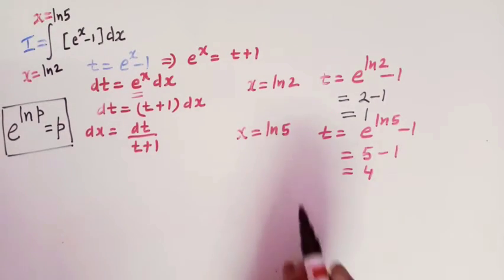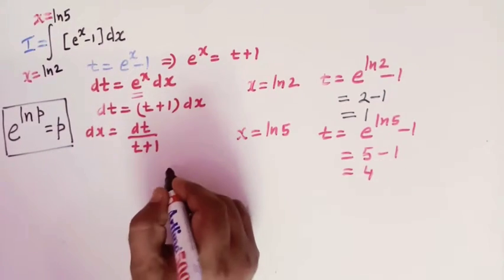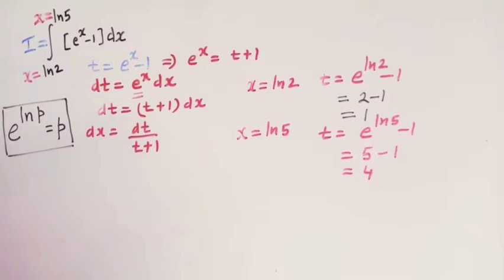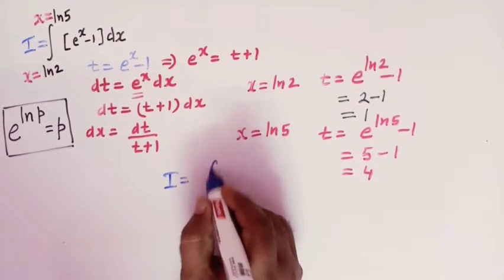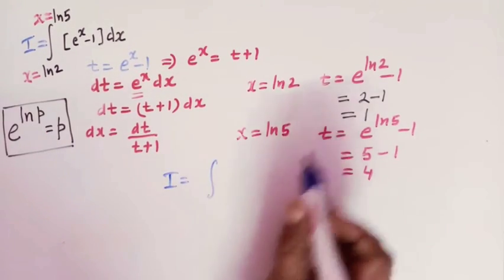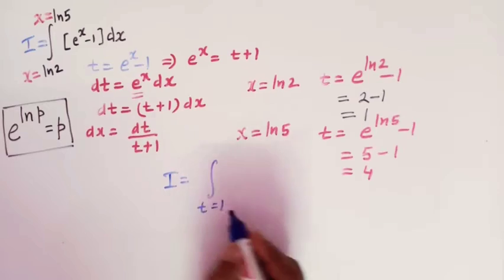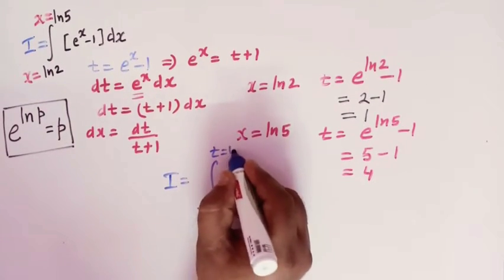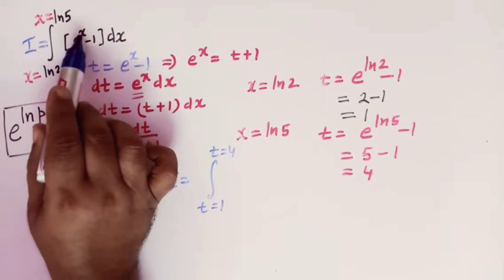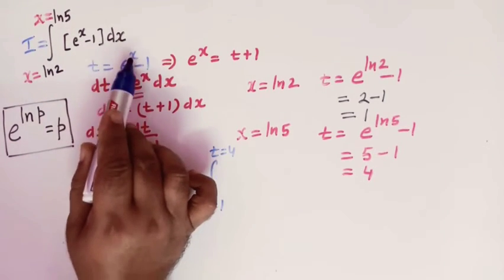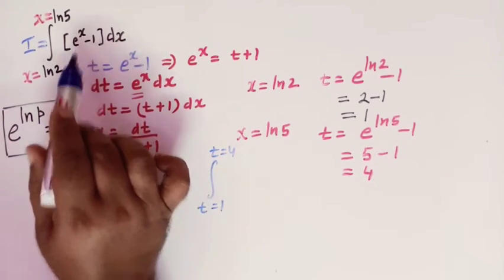So now this integral I reduces to I is equal to the integral from t is equal to 1 to t is equal to 4, and here we have the greatest integer of e raised to x minus 1. So e raised to x minus 1 can be replaced by t.